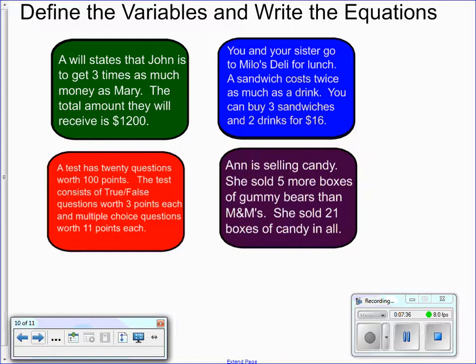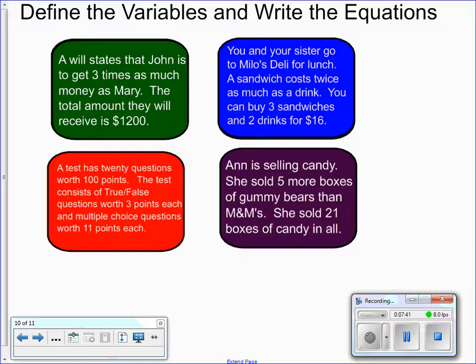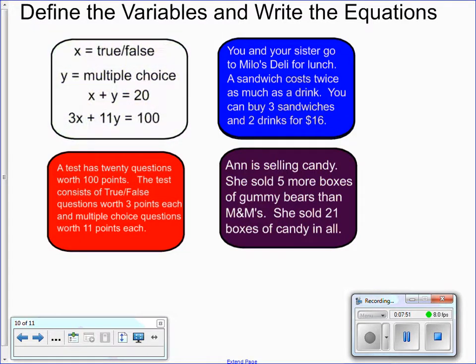So, defining the variables. Will states that John is to get 3 times as much as Mary, and the total they receive is $1,200. Well, that's not the right answer, so let's go to the next one. You and your sister go to the deli. A sandwich costs twice as much as a drink.